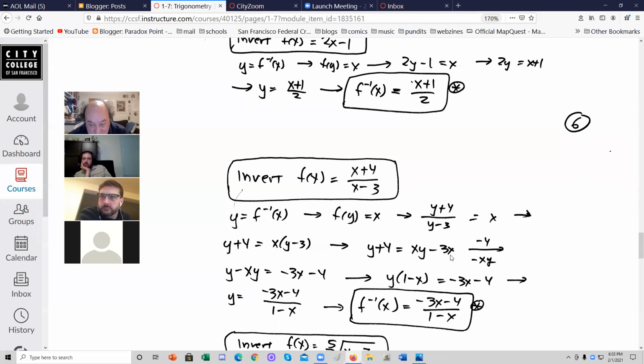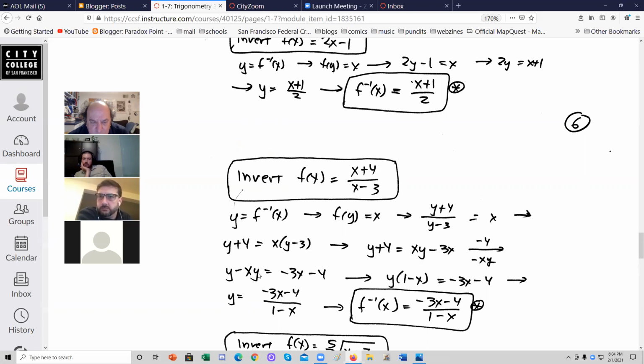Now I want to solve for y, so let's move this to the left and this 4 to the right. Subtract the 4 to transpose right, subtract the xy to transpose it left. When you do that, you get y minus xy equals minus 3x minus 4. Now we have all the y's on this side, but not in one place.